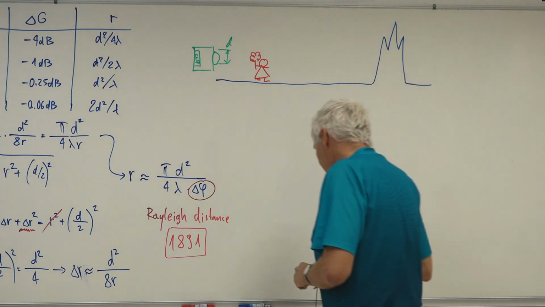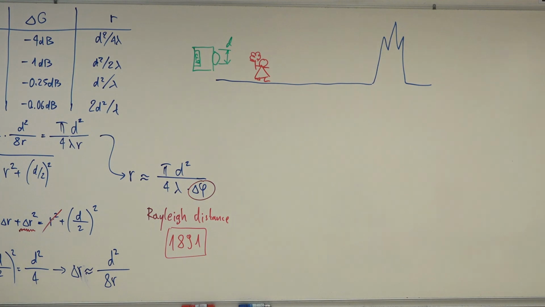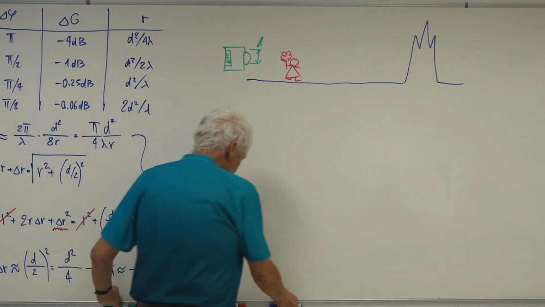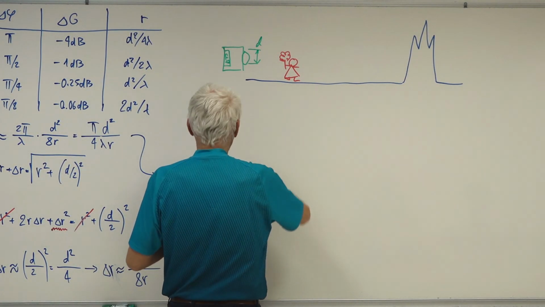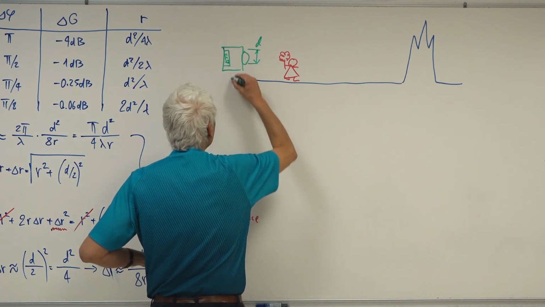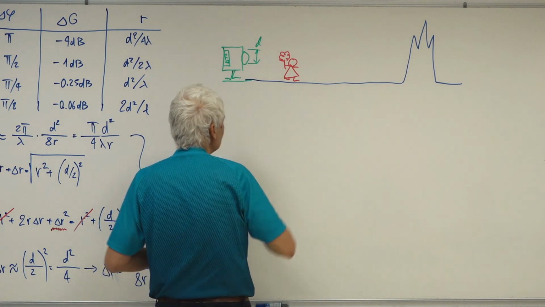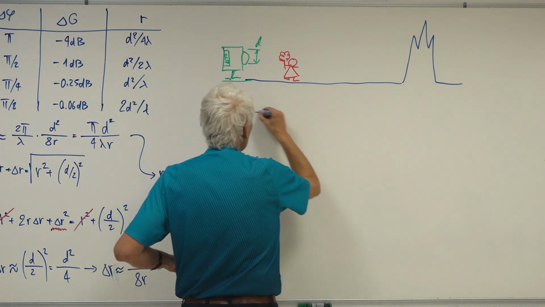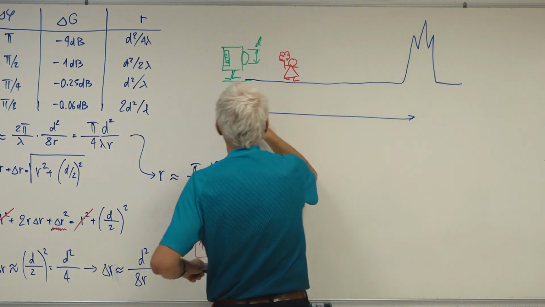Now, where is the problem? Where is the mountain? We have to focus our camera, and of course the mountain has to be sharp on the picture.